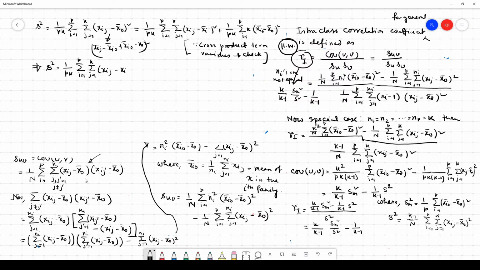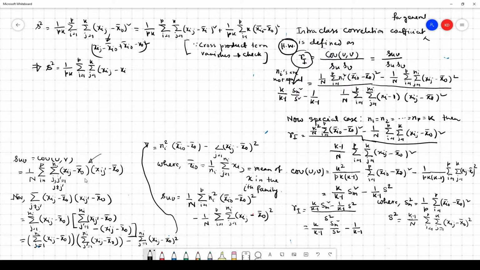You know U bar is x naught bar, V bar is also x naught bar. So Ui minus x naught bar, Vi minus x naught bar, because U bar and V bar both are the same.